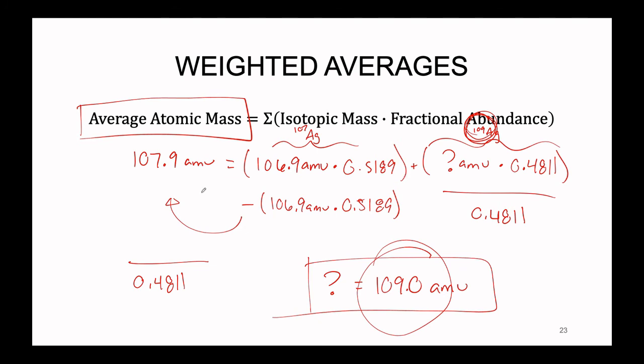If you're not following algebraic order of operations, your answer is going to end up off. Or if you don't convert your percent abundances into fractional abundances, your answer is going to end up being off, possibly even by a magnitude of 100. So double check your algebra, make sure you're inserting fractional abundances, and if your math came out correctly, you should have an answer of 109.0 atomic mass units.